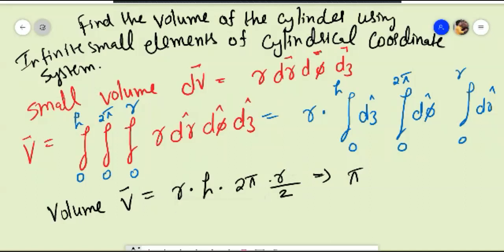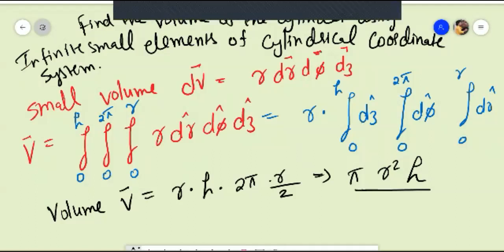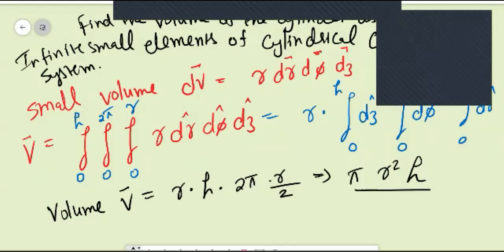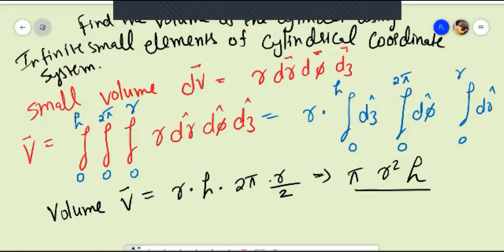So we have here pi into r square into the height. Okay, so this is the volume of a cylinder, and thus we can find all our geometrical formulas using this method.